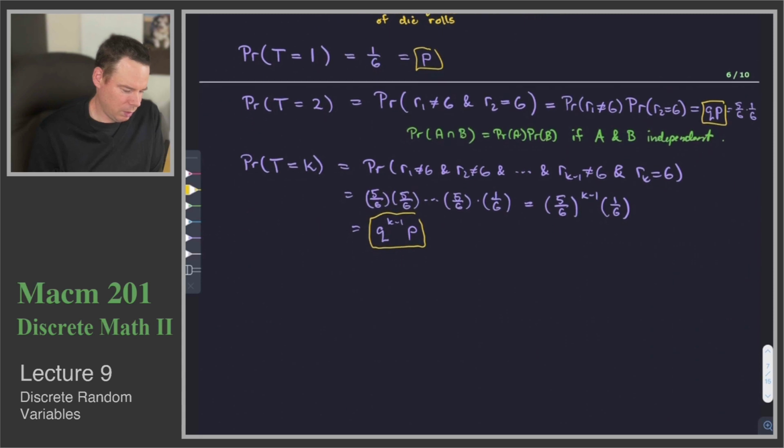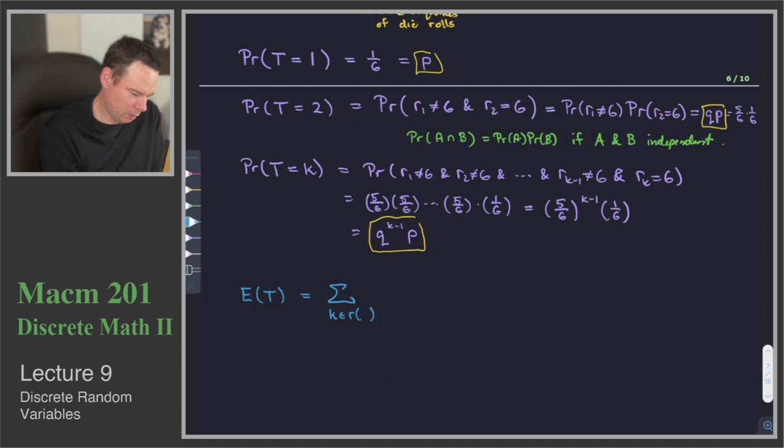So now we can go ahead and work out the expected value. What is our expected value for the random variable T? It's the sum over all of the k's in the range of our random variable. Here I've called my random variable capital T. And so we are taking k times the probability that T is equal to k.